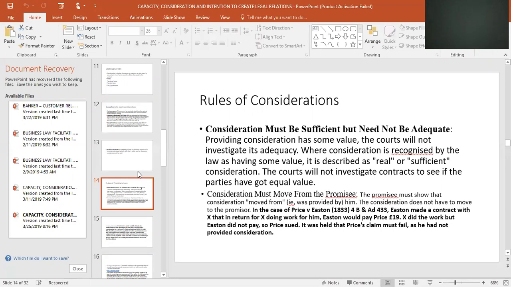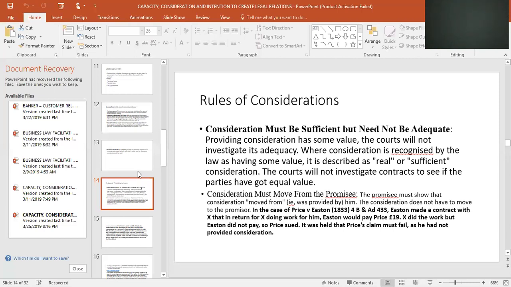Now, when we talk about consideration, I've already told you it is an item of value given in exchange for a promise. There are some rules that govern consideration. These rules determine whether a particular act amounts to consideration, or can be accepted as a good consideration.